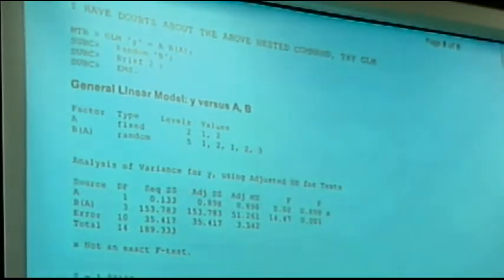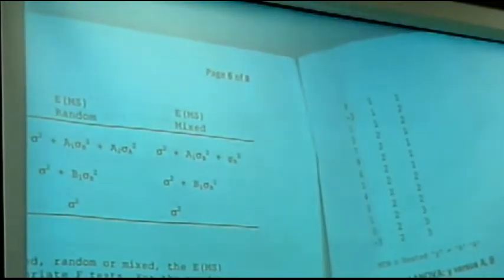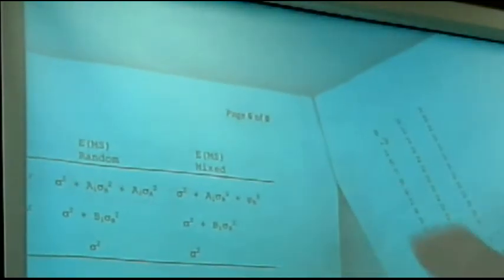So here's the expected mean squares, and you see the numbers 2.6866, 3.0 right in there. And those are matching. Let's see, I've said here B is random, so I guess we're in this case over here.